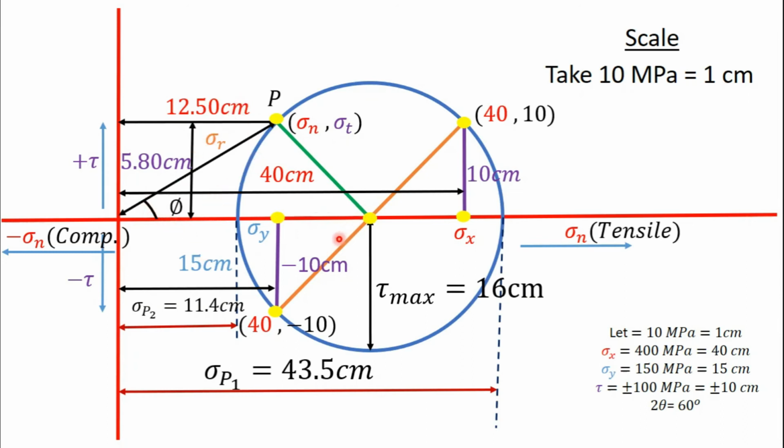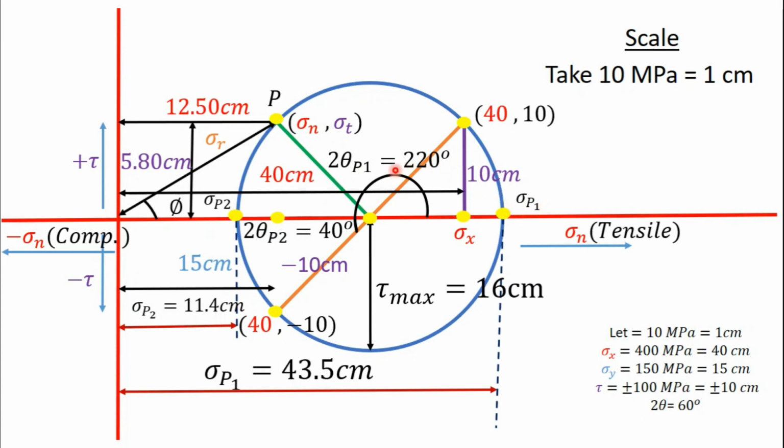You can also find the planes for maximum and minimum principal stress. This point is the minimum principal stress, sigma p2, and this point is the maximum principal stress. This angle is 2 theta p2, and by measuring with a protractor you will get 40 degree. Similarly you can calculate 2 theta p1 by measuring this angle, which is 180 plus 40 degree, so 2 theta p1 equals 220 degree, and this point is sigma p1.